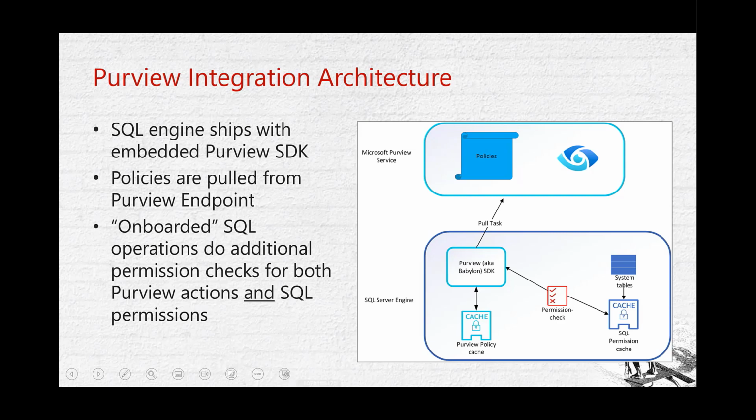This library makes calls to an external service, getting the new definitions, basically permissions. These permissions are cached inside this Purview policy cache inside the engine, and they are then used when any of these, we call them onboarded SQL operations, are tried in SQL.